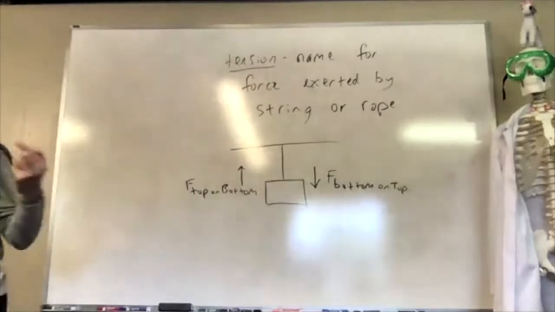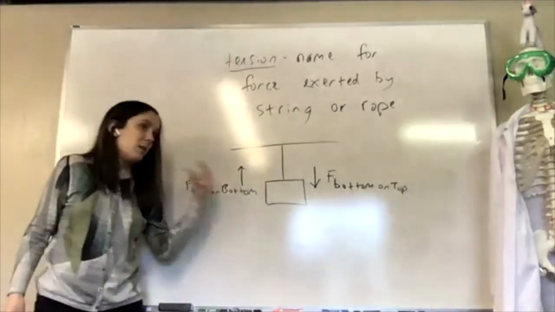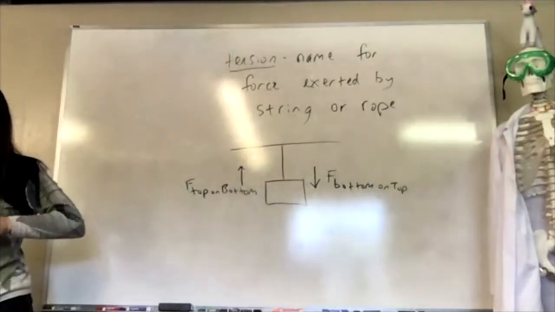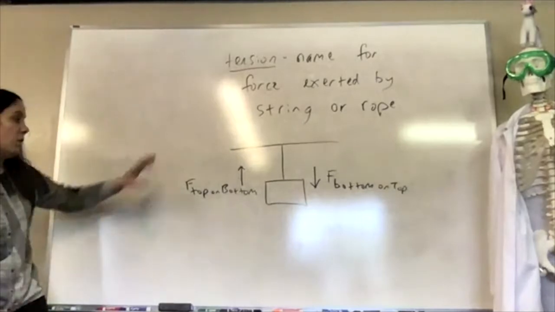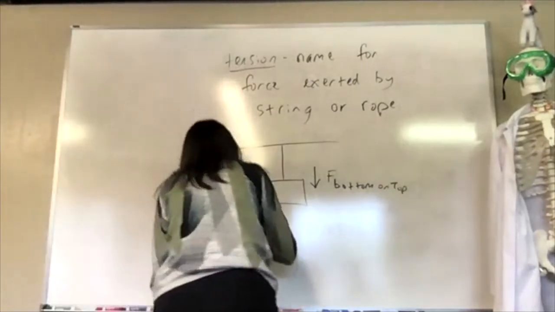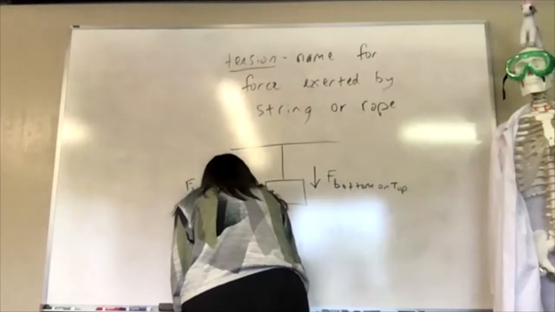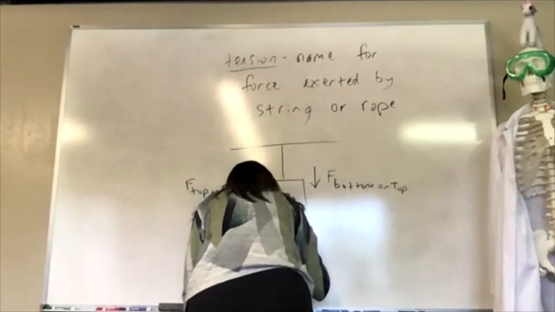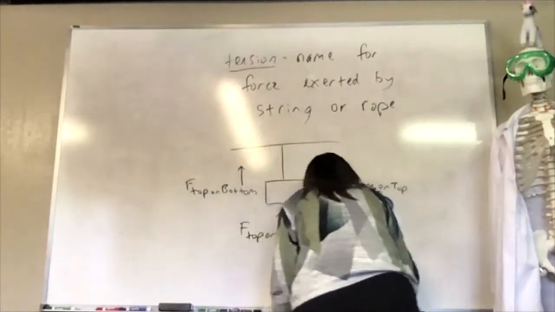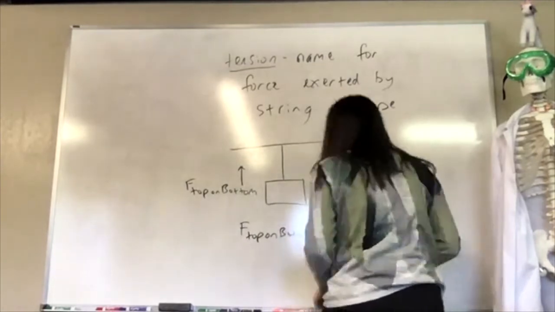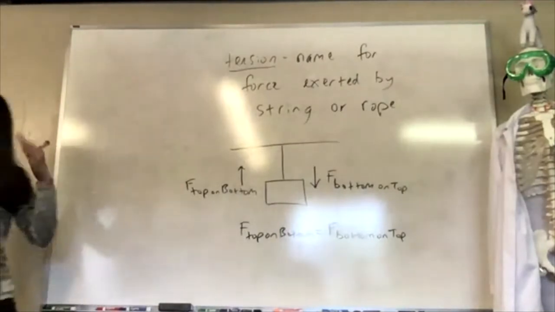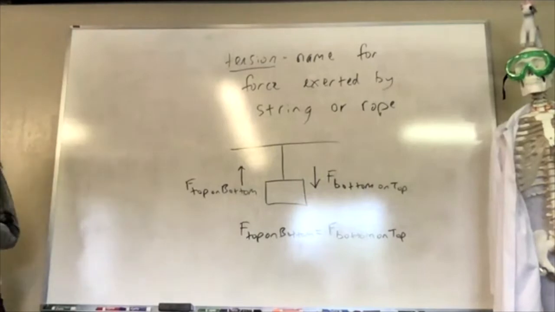And if the string is not moving, if it's not breaking, if it's staying in place, then we know these are balanced forces. And the forces must be equal to each other. So the force of the top on the bottom must be equal to the force of the bottom string on the top string. So everywhere within the rope, tension has to be the same.